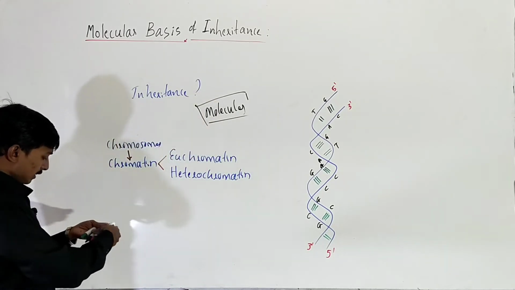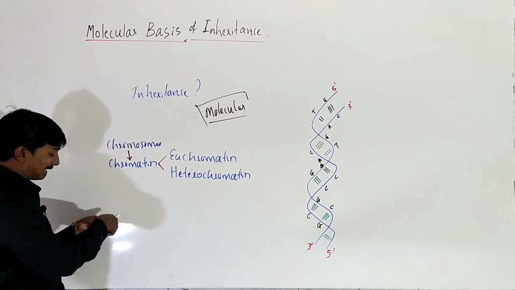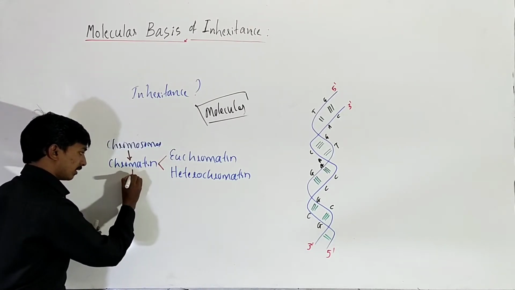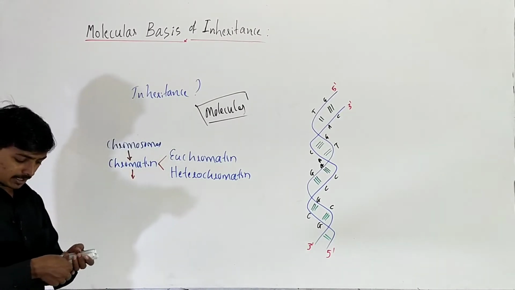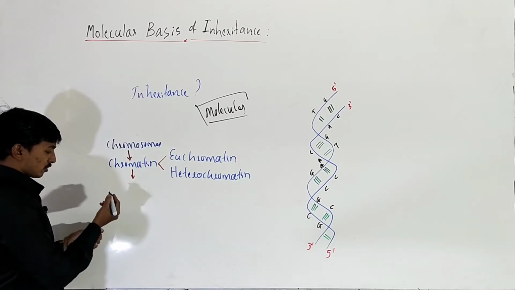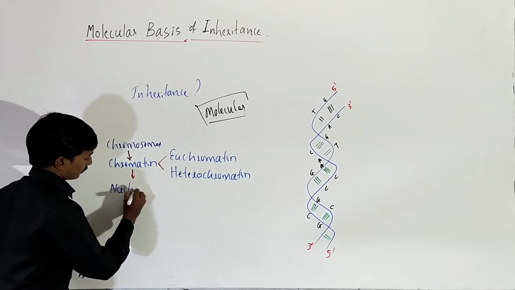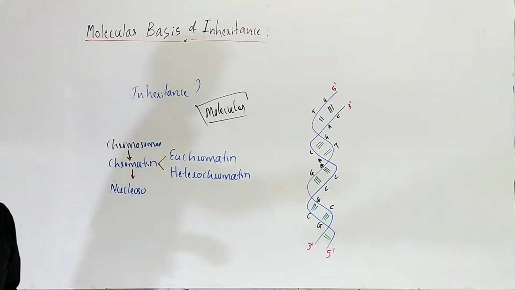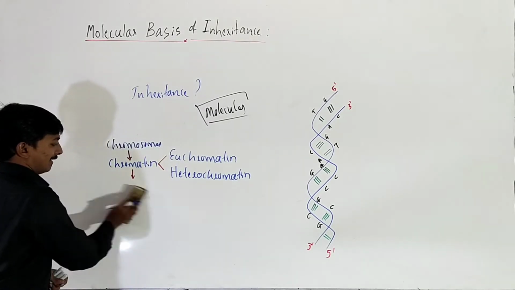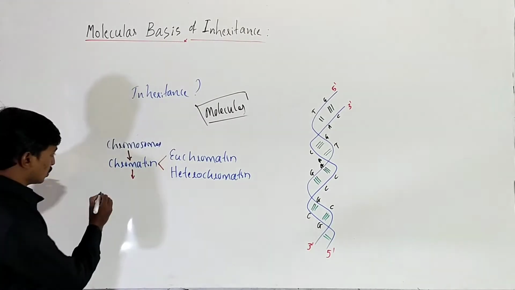Right. The chromatin in turn is made of smaller beaded structures known as nucleosomes. Actually, there is another level which is known as a solenoid.